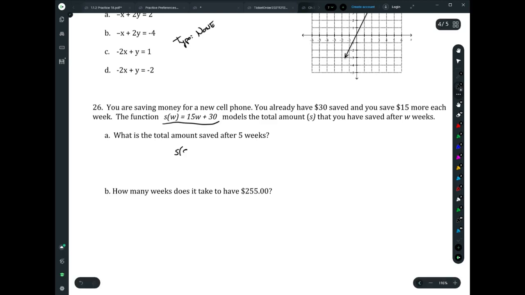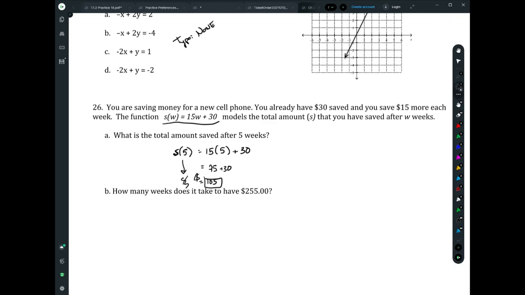Basically, that just means after 5 weeks, so W is 5, we would just be plugging in 15 times 5 plus 30. 15 times 5 is 75, plus 30 is going to be 105. You do not need to divide by this here, just leave it. 105 bucks is what you have saved.